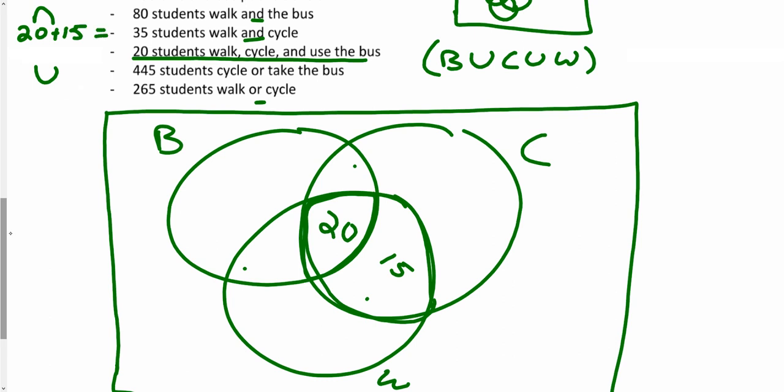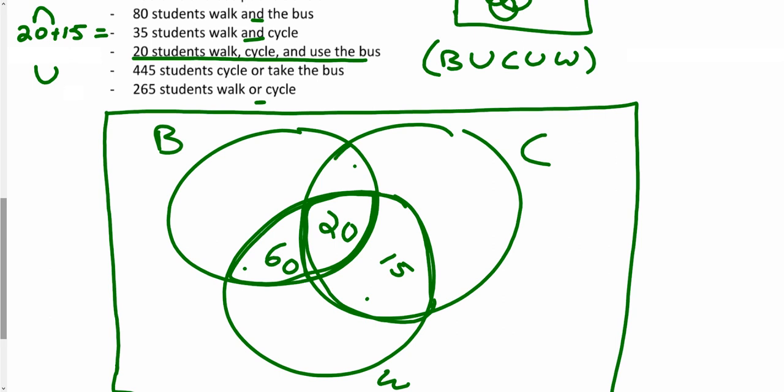All right, now 80 students walk and take the bus. So that's all of this information here. I've already counted 20 of them, so another 60 need to go there. Okay. And we know 100 people bike and use public transportation.